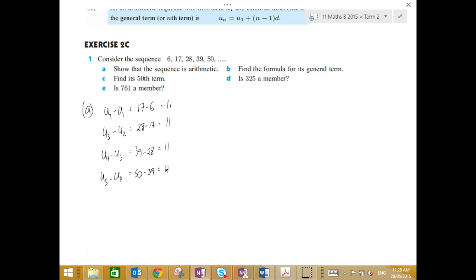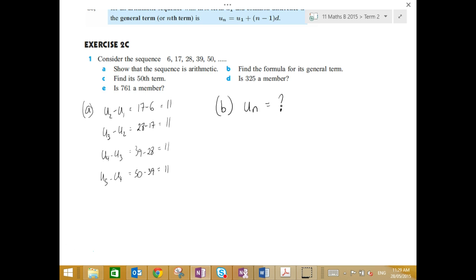Find a formula for the general term. So what they're trying to figure out now is, what's a rule to find any term? If I wanted to know the 13th term of that sequence, without having to find the 12 in front of it, how would I do it?